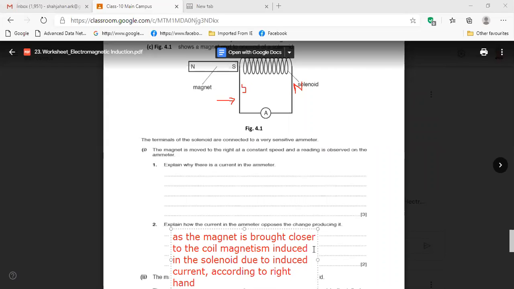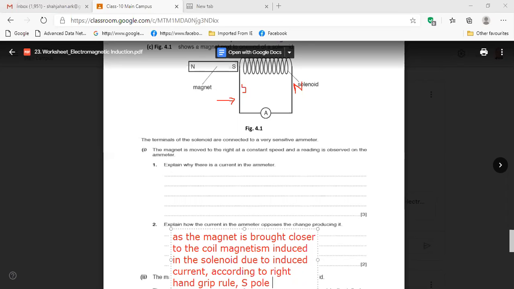According to right hand grip rule, south pole. Sir, if you don't make the font smaller, it will go off the page. I am arranging it. Just wait for a while. Let me finish writing.